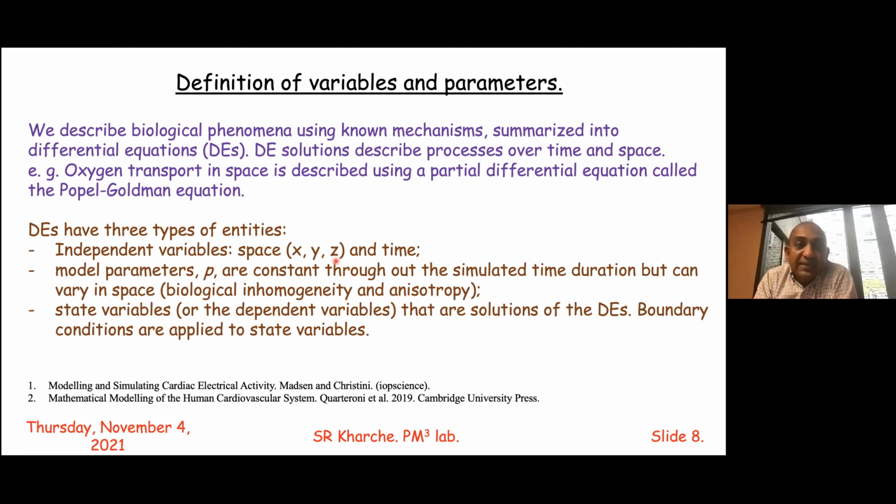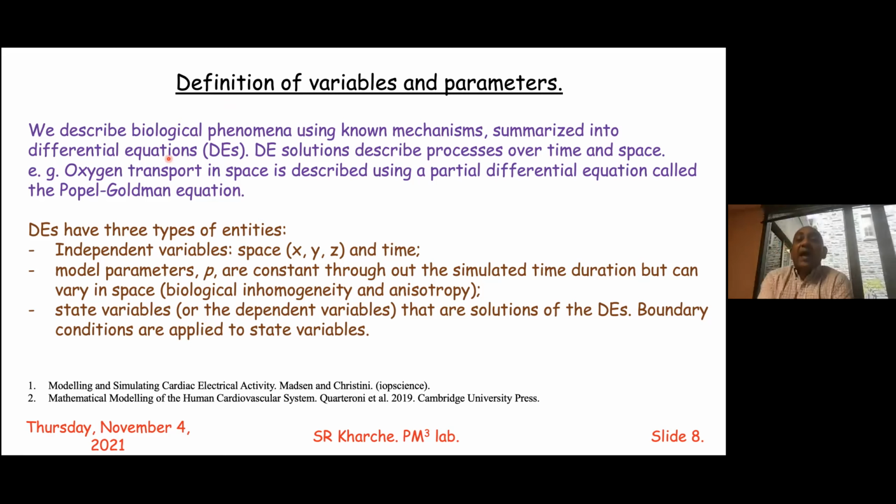So to summarize, written in purple, we can summarize our approach in that whenever there is a biological phenomenon, either blood flow or electrical waves, we use the known mechanisms. We summarize these known mechanisms into differential equations, either ordinary or partial differential equations.